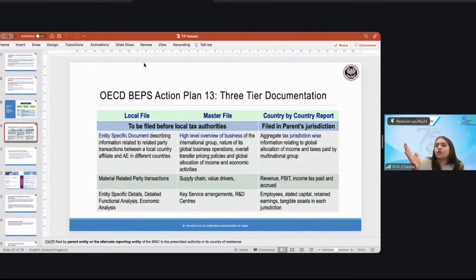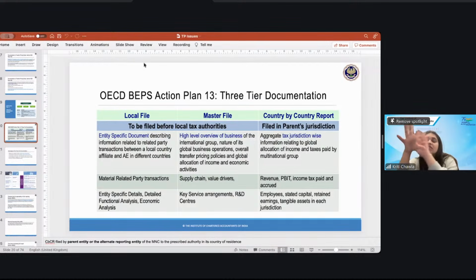What they can actually do is relate it back to the local file that they have in China, whatever they've actually filed with respect to the local file with the local tax authorities. So what they're actually trying to do is relate the information that has been provided in the local file with a high level overview, which is basically the CbCR.